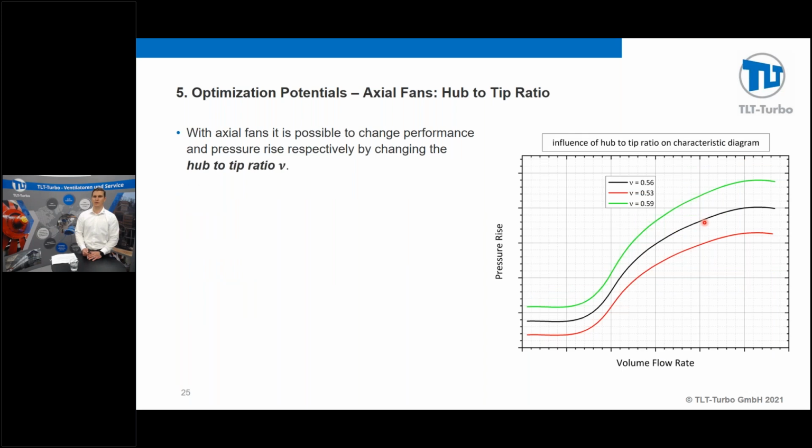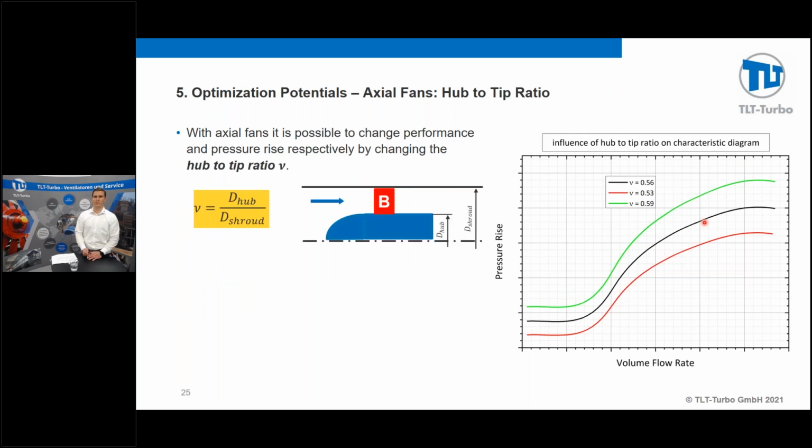Okay, another parameter which is important and I would like to introduce is the hub to tip ratio. The hub to tip ratio is basically defined like this: it's the hub diameter. That should be an actual fan with the hub and the blade mounted here. And of course, you have the tip diameter, and the hub to tip ratio is the ratio of these two diameters.